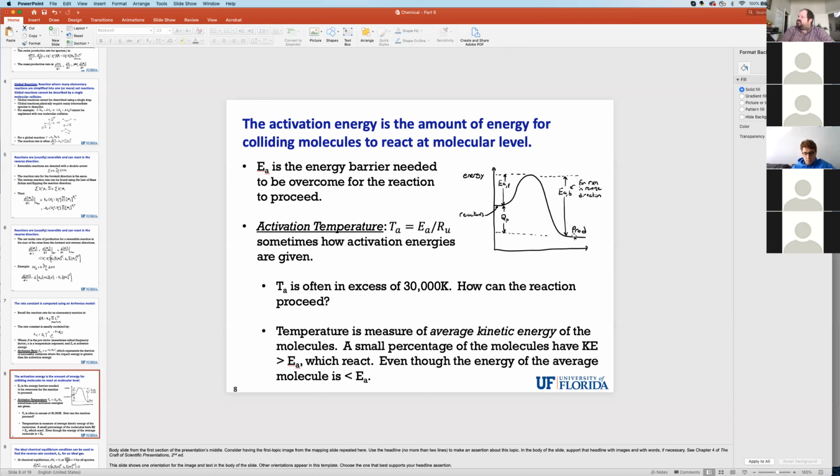If we plot the energy as a function of the reaction coordinate, just think of it as some dimensionless thing, the amount of energy in the system is going to go up, then it's going to go down. To get the reaction to proceed, there has to be enough energy in the collision to raise the total energy of the molecules above this threshold here.